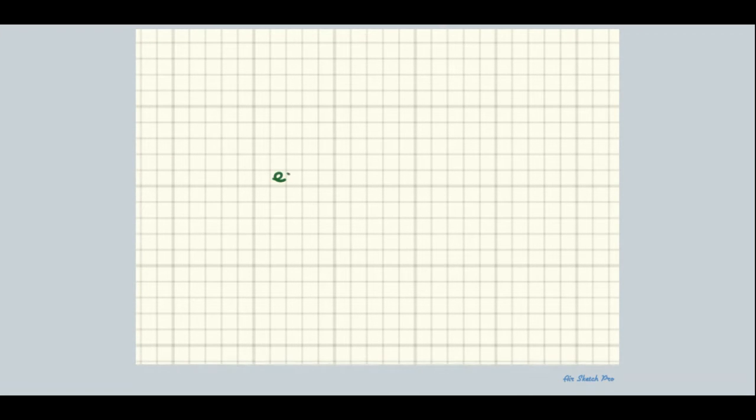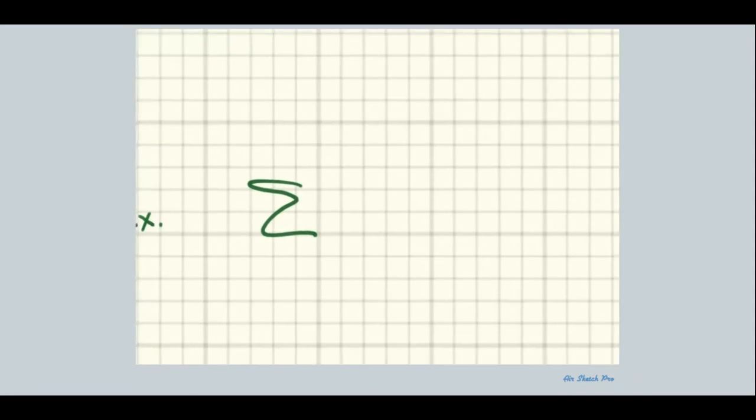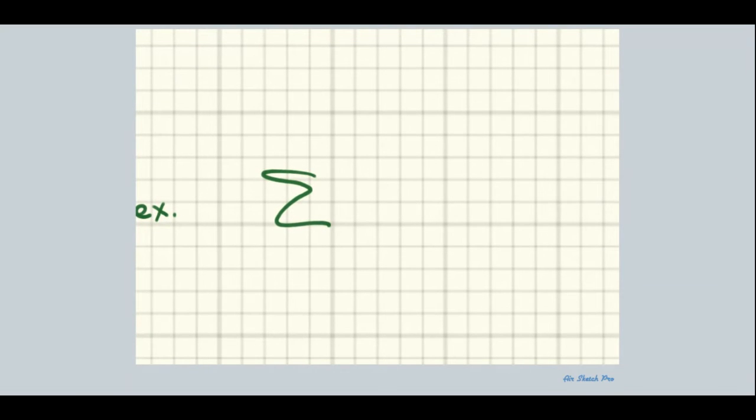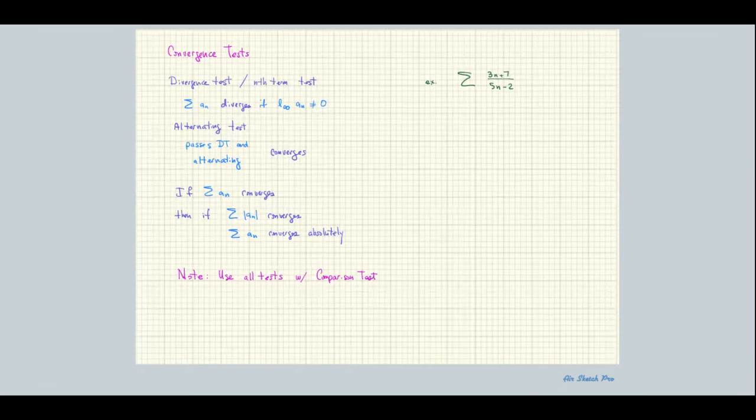Okay, so let's look at an example on a p-test. Okay. Let's check the sum of (3n + 7) over (5n - 2).